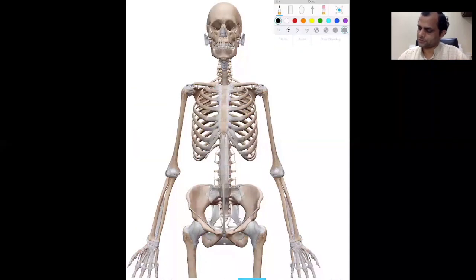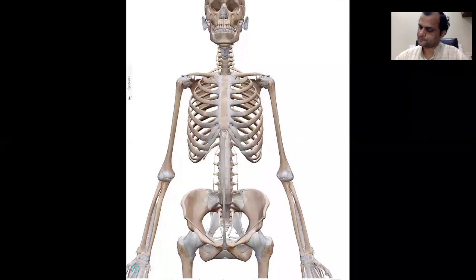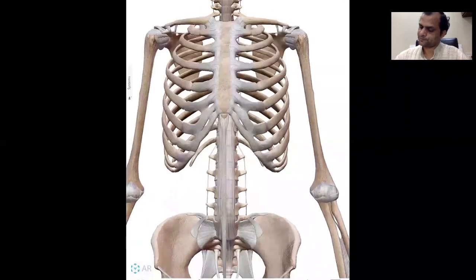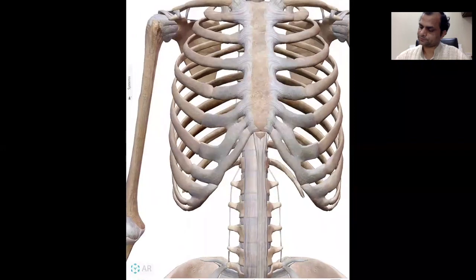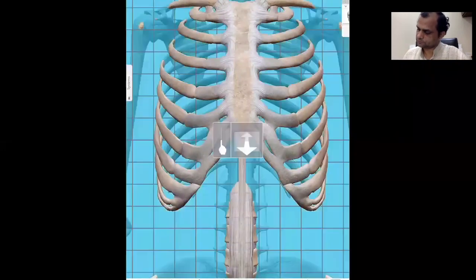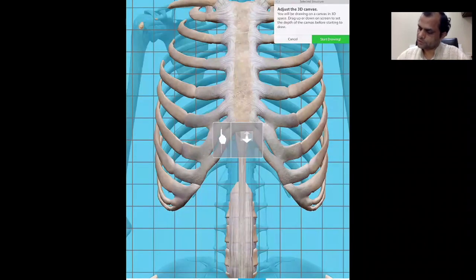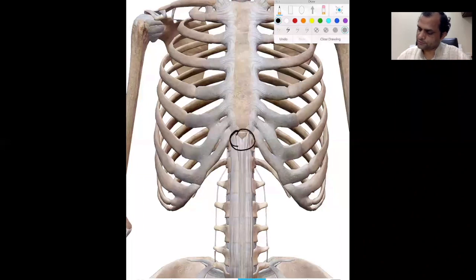So look at this image once again. This is the brain point. This is the gallbladder point. This is the spleen point.